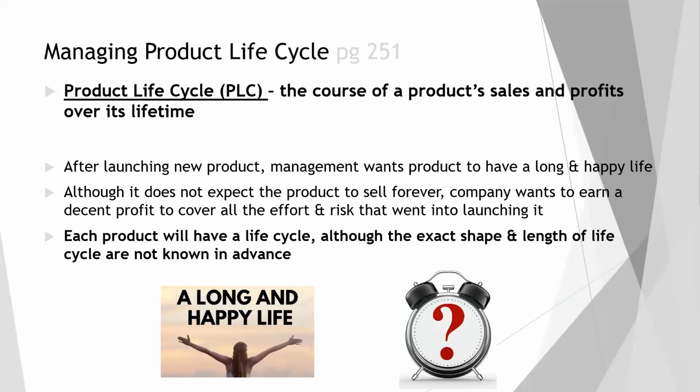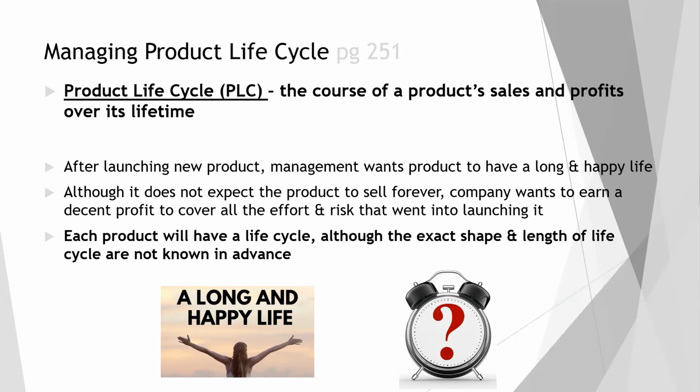We do want it to earn a decent profit to cover all of that effort, all of that risk that we poured into the product in order to launch it. Each product is going to have its own specific life cycle, although when we launch a new product, the exact shape and the exact length of the life cycle are not known in advance.